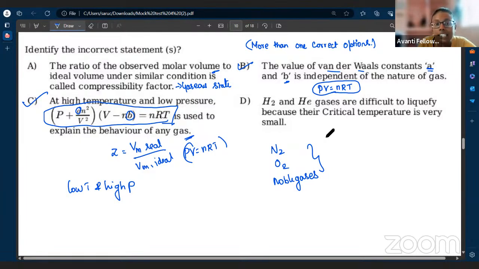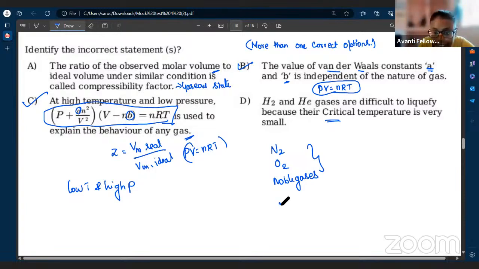It means you can't convert them into the liquid state easily because their critical temperature is very small. What is critical temperature? Above that temperature, you can't liquefy the gas. Since this critical temperature is very small, you can't liquefy those gases.